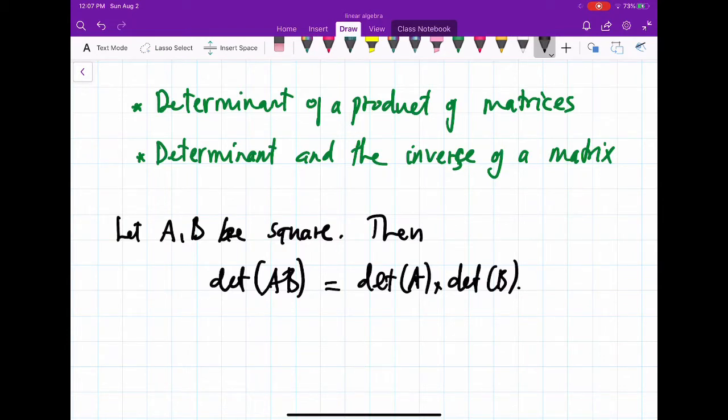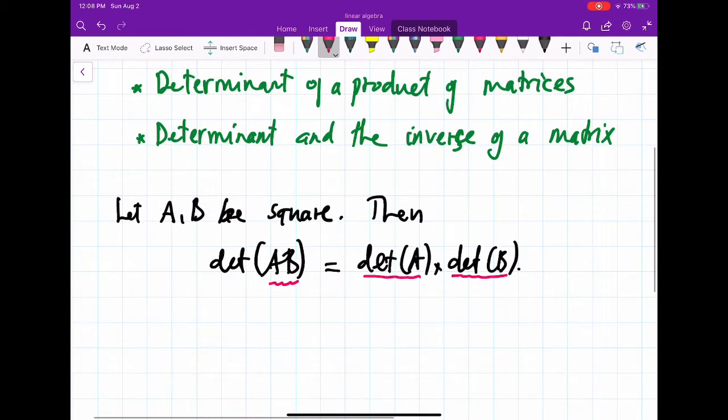Such a property helps you avoid huge computation of A times B. You just need to find the determinant of A as just a number, and then the determinant of B, and then just take the product.